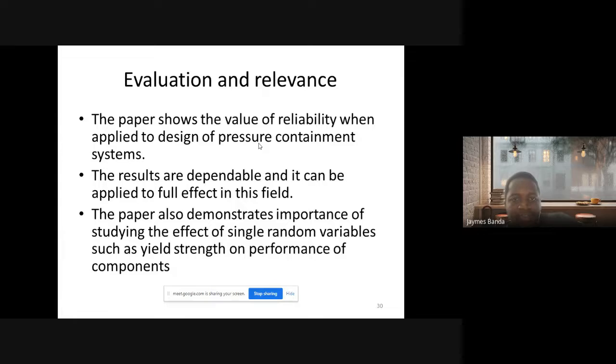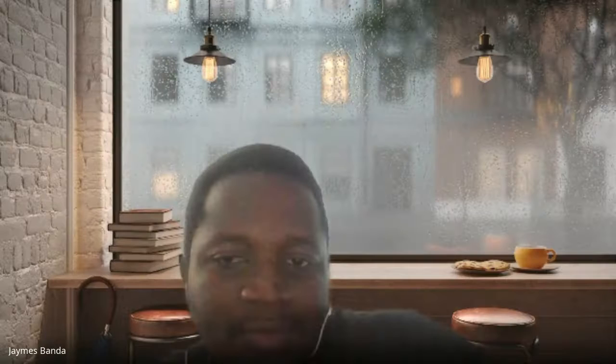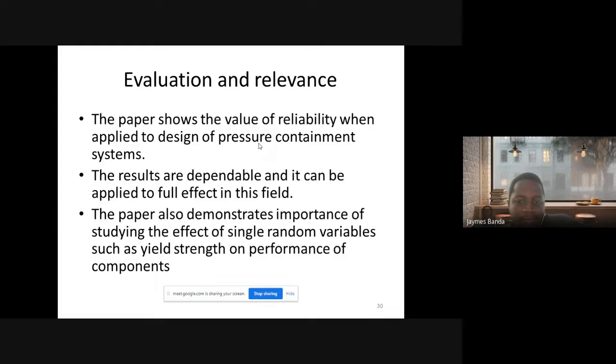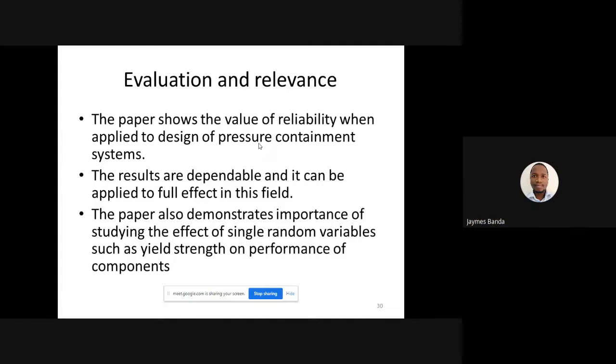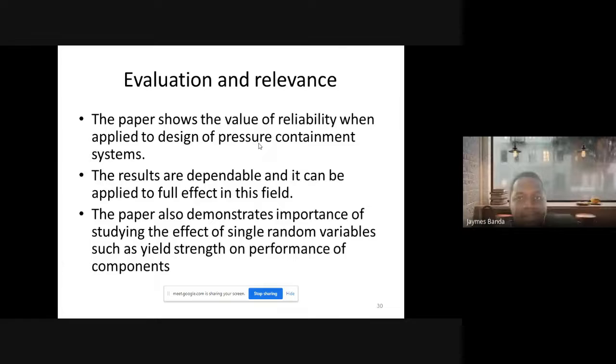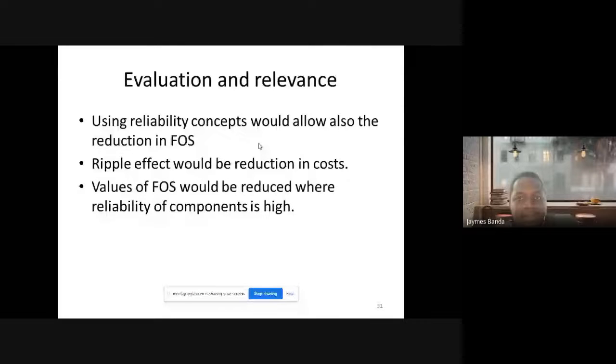The paper also shows the value of reliability when applied to the design of pressure containment systems. The results are dependable and can be applied to full effect in this field. It demonstrates the importance and purpose of studying the effect of a single random variable, such as yield strength, on the performance of components in service.